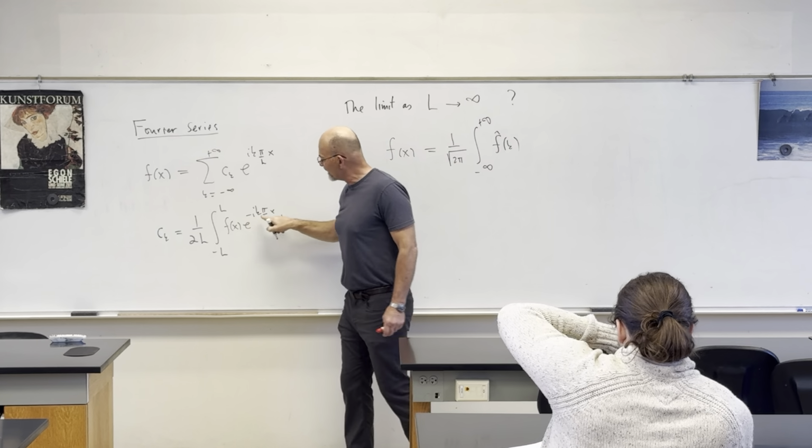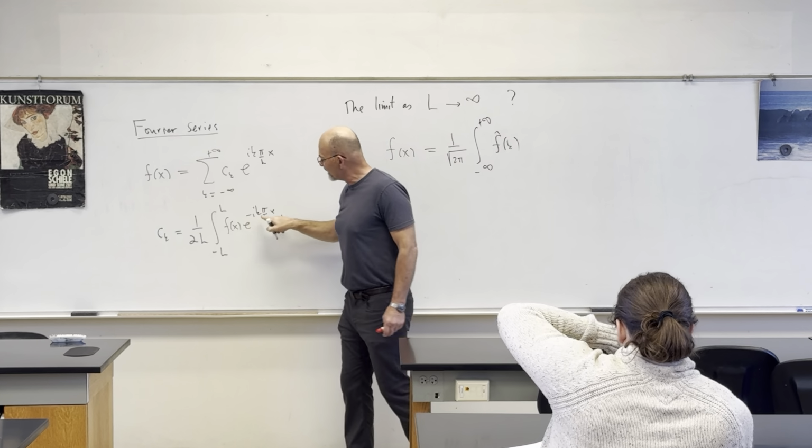And what's nice about this formalism here is the symmetry of it. So f hat of k is defined as 1 over root 2 pi integral from minus infinity to plus infinity of f of x e to the minus i k x dx. So you'll notice over here we have a function of x, the argument x appears up there, and we're integrating over the k, right?